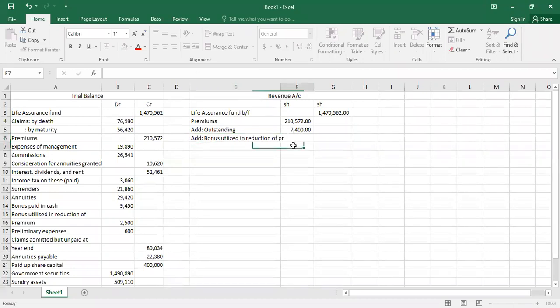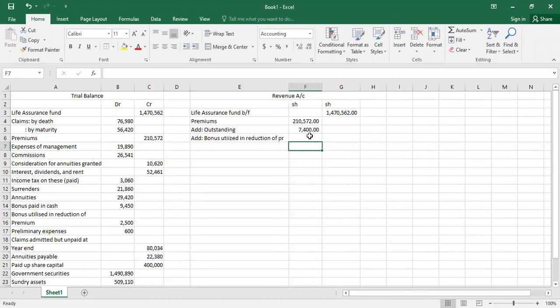What's the amount in the additional information? 1,500. What else? I think that's the adjustments that we are supposed to make, right?